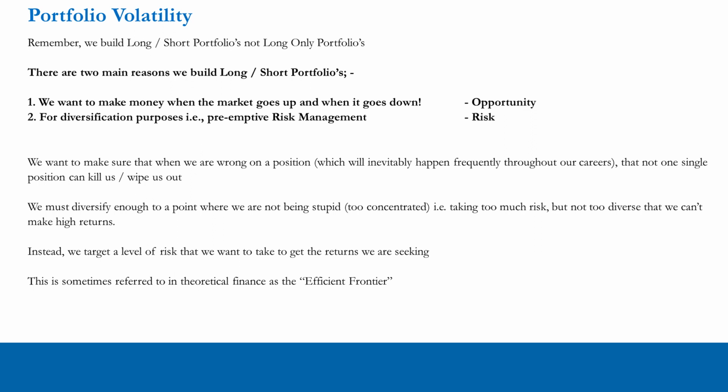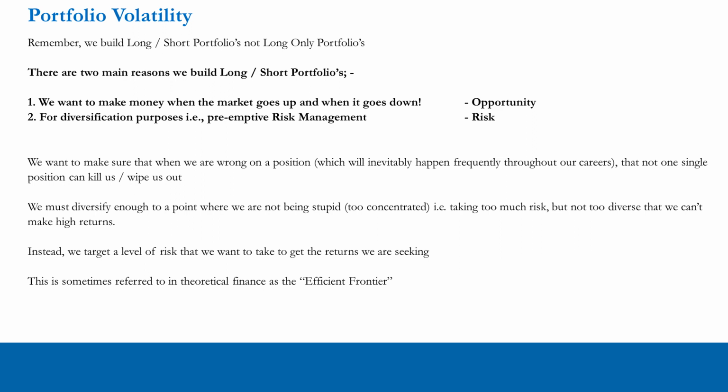So in terms of volatility, in terms of risk and opportunity, as traders and portfolio managers, we are always walking this tightrope. What we need to do is target a level of risk that we want to take in order to get the returns we are seeking. And this is sometimes referred to in theoretical finance as the efficient frontier.